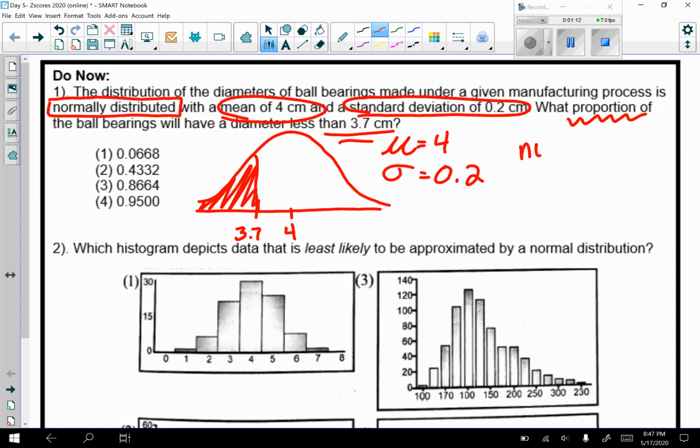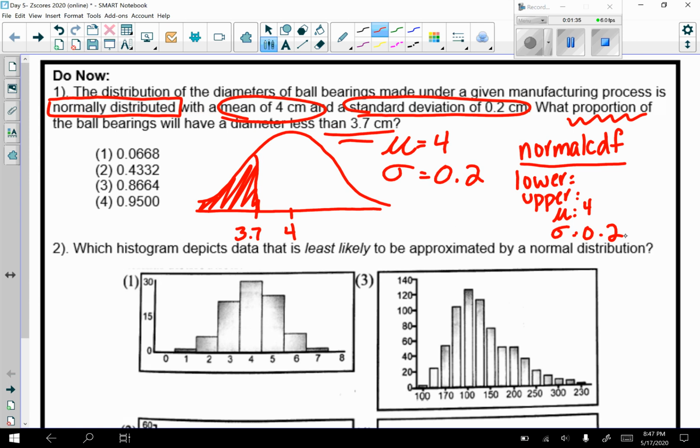We should be going on our calculator to normal CDF. It asks for 4 things: a lower bound, an upper bound, a mu, and a sigma. So you already have mu equal to 4 and sigma equal to 0.2. Your lower bound is the left-hand side, so look at your shading.